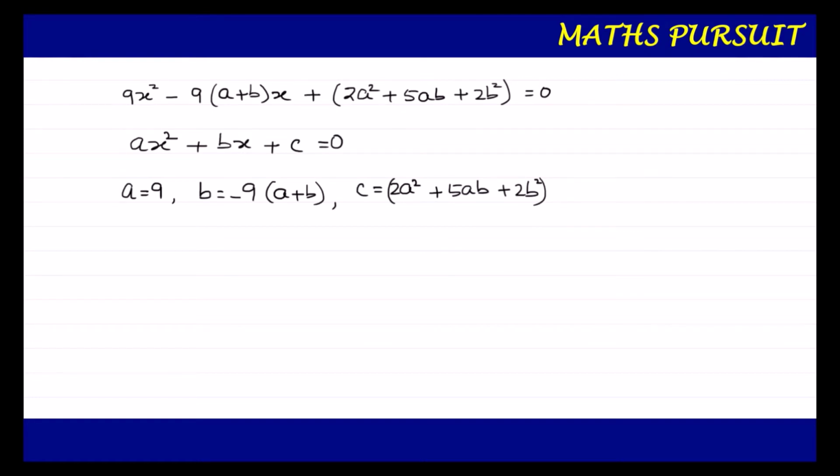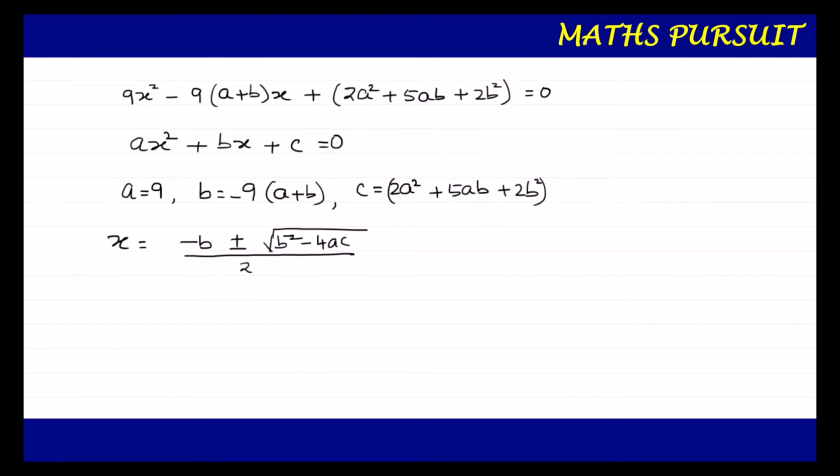Now we are going to solve this quadratic equation using the quadratic formula. We very well know that the quadratic formula is given by x is equal to minus b plus or minus root over b^2 minus 4ac, upon 2a.